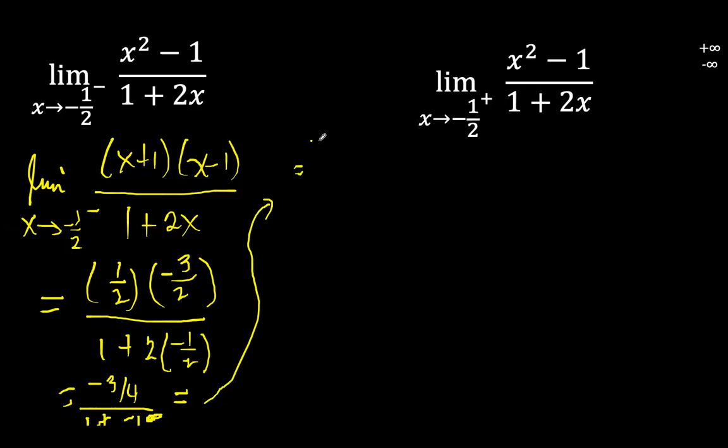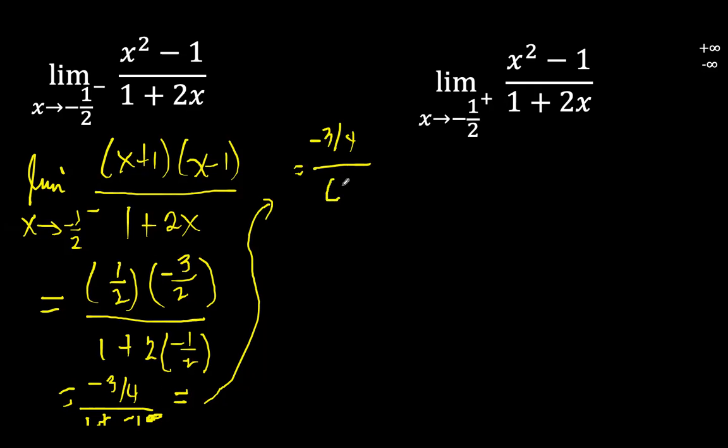So that's negative 3/4 over 1 plus negative 1 from the left, which means that we have negative 1.001, negative 1.002, and negative 1.005. The absolute value of this is always greater than 1, which means once we add them, we will still get a very small value, but with negative signs.